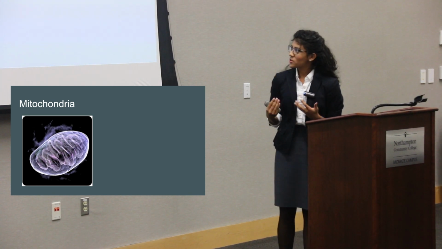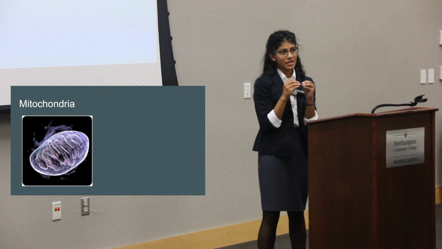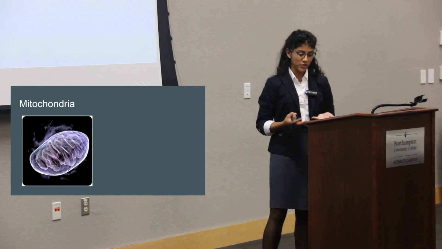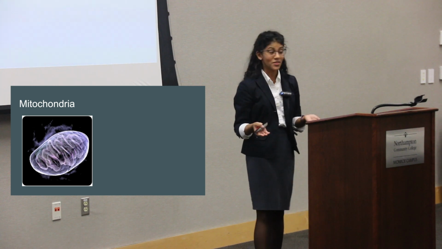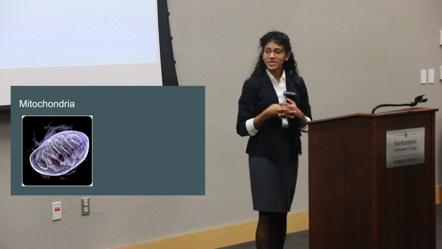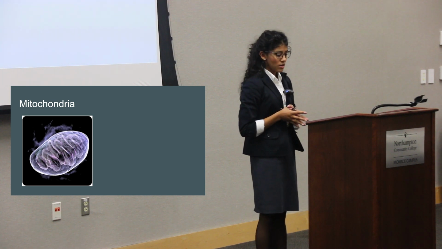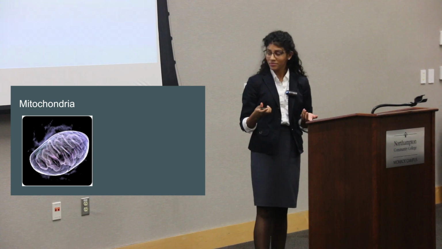But if you look at it closely, you see these infoldings. And these infoldings are the perfect environment for energy to be produced after eating a huge meal on Thanksgiving or eating a lot of candy on Halloween. It converts glucose, which is sugar, into ATP, which is the common currency your body uses as energy.